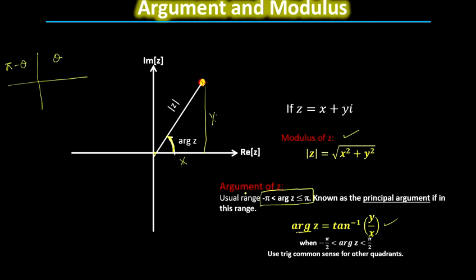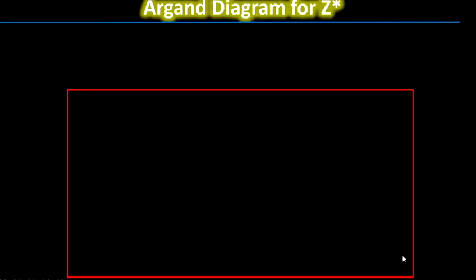So in the first two quadrants, you write theta and pi minus theta. But in the fourth quadrant, you're moving clockwise, so that angle becomes negative theta, and in the third quadrant it is theta minus pi. Please note down this. This way you can find the argument of complex numbers. These rules are important to be learned. Is that clear? Now moving forward.